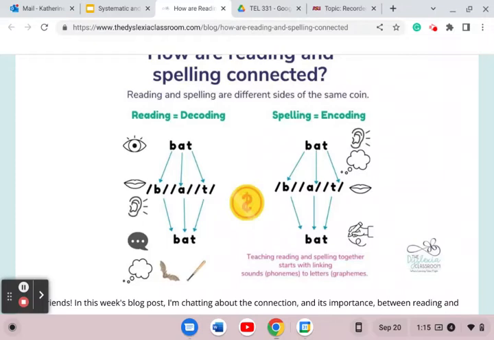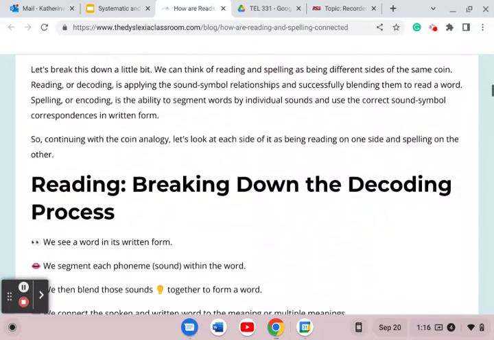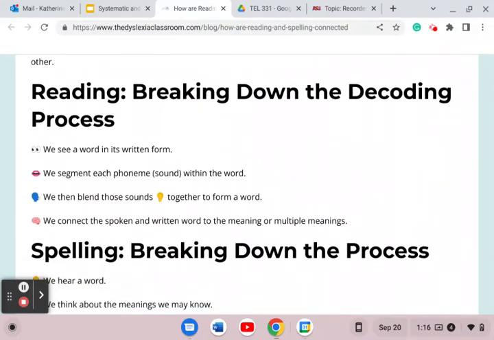So teaching reading and spelling together starts with linking the sounds, which are the phonemes, to the letters, which are the graphemes. So decoding is breaking it apart, and you're really trying to put it back together with the letters, which is encoding.